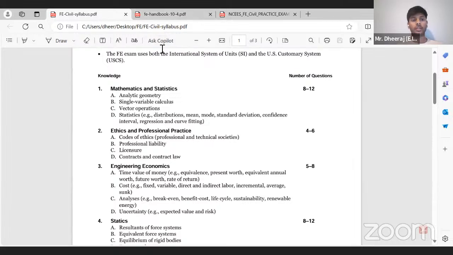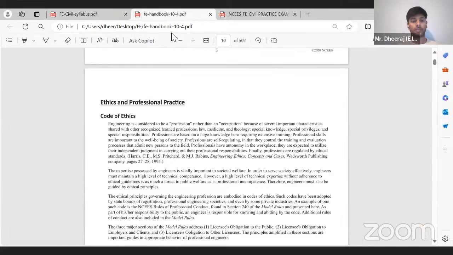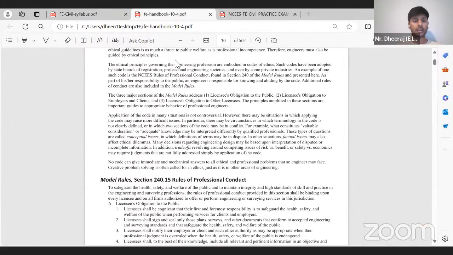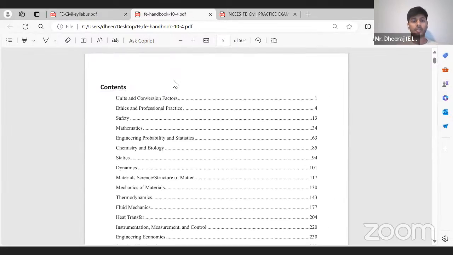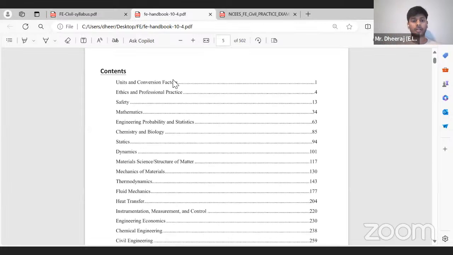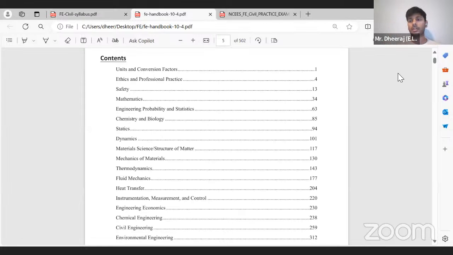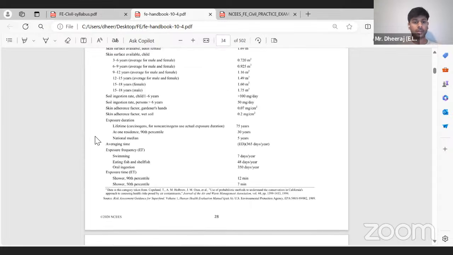After seeing the syllabus paper, let's go to the handbook. Let's see where the mathematics is. I'm just giving an example with mathematics; you can follow the same example for other subjects too. It is around page 34.